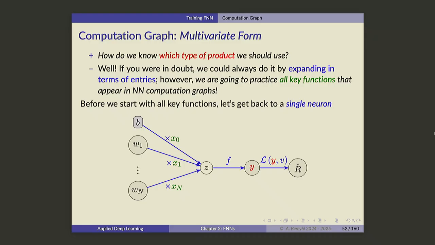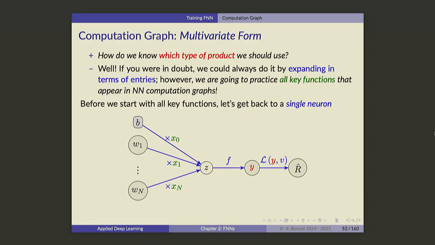We had this particular derivative here, we had another derivative here, and again one derivative here. If you have y here, this is a scalar. Your loss is a scalar. Here you're going to have a scalar derivative. Z is a scalar, y is a scalar. This derivative is again going to be a scalar.